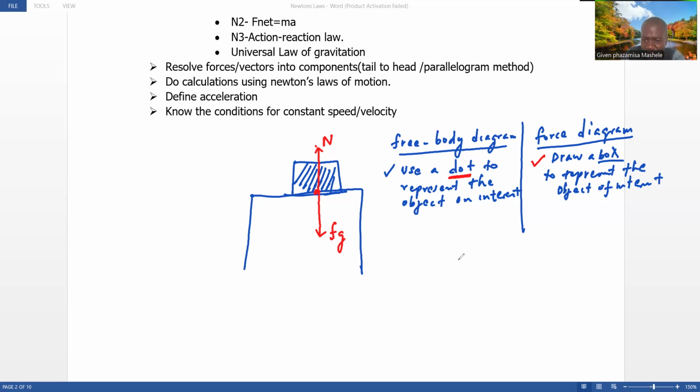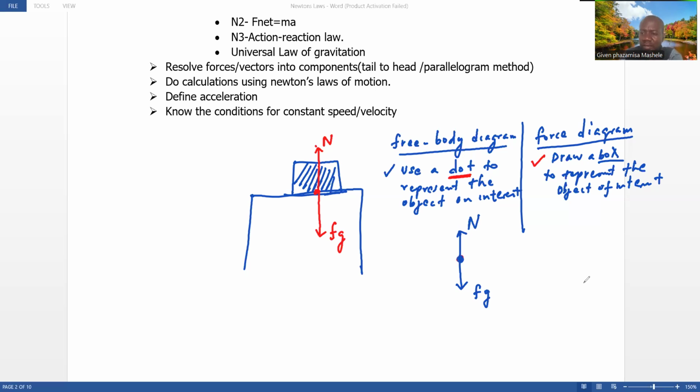For example, if I put a dot, then within the dot I show all the forces. We'll have this, and we'll have that. It should be roughly the same. So we'll have something like this: the normal and the FG. We show all the forces, but we use a dot to represent the object of interest.